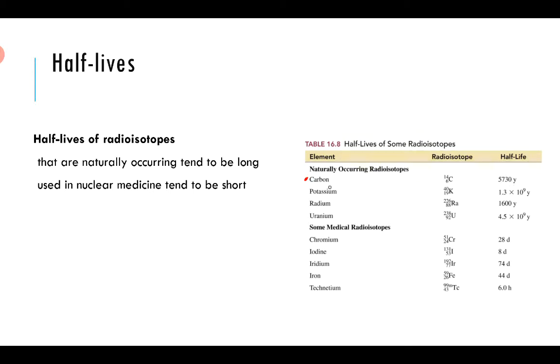But all these other naturally occurring isotopes also have rather long half-lives. For medical applications, they want to use something with a much shorter half-life, something that can actually decay in a human's lifetime. And so all the medical isotopes have much shorter half-lives compared to the naturally occurring isotopes.